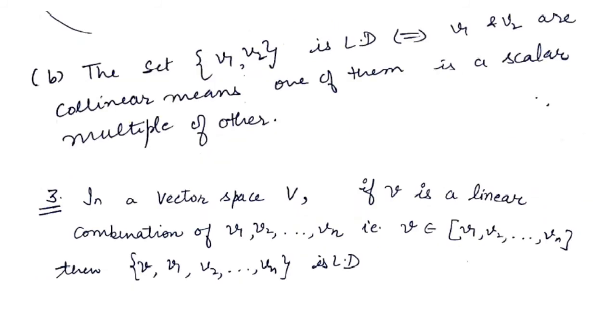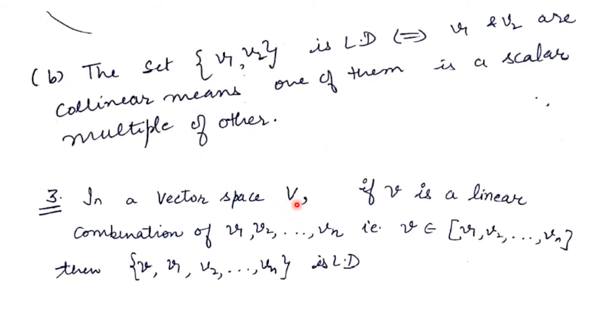The next point to be remembered is: the set {V1, V2} is linearly dependent if and only if V1 and V2 are collinear. Collinear means one of them is a scalar multiple of the other. So if one of them is a scalar multiple of the other, clearly they are dependent. Similarly, we can extend this.